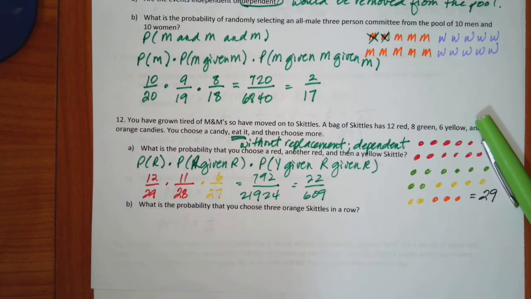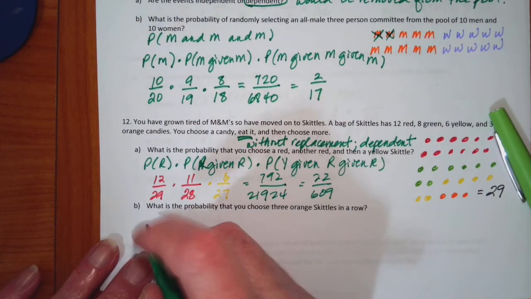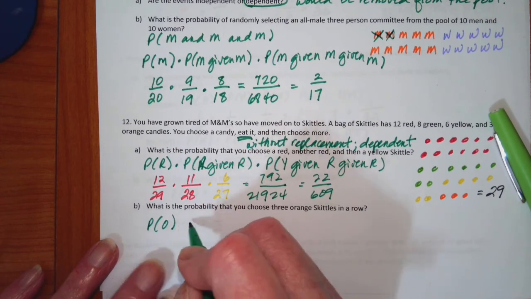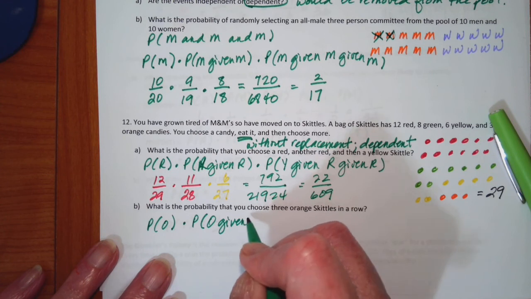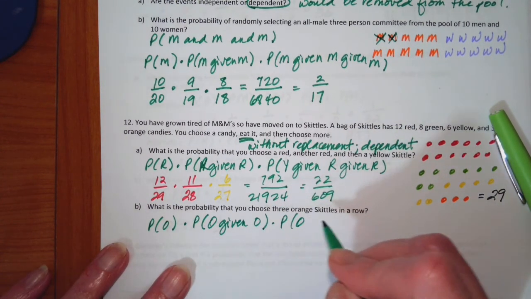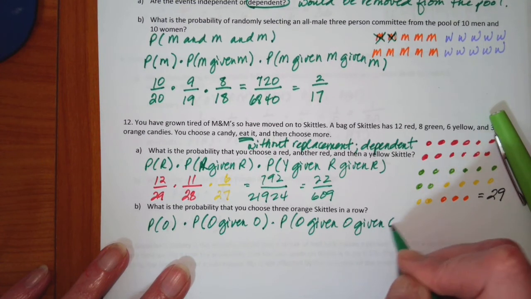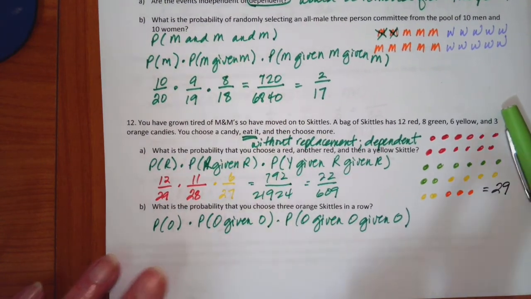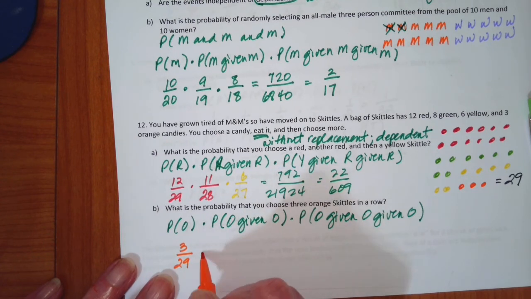Okay. What is the probability that you choose all 3 orange? So we're going to look at the probability of orange times the probability of orange given you've already drawn an orange times the probability of an orange given that you've drawn an orange given that you've drawn an orange. Okay, so you have 3 out of 29 on your first.